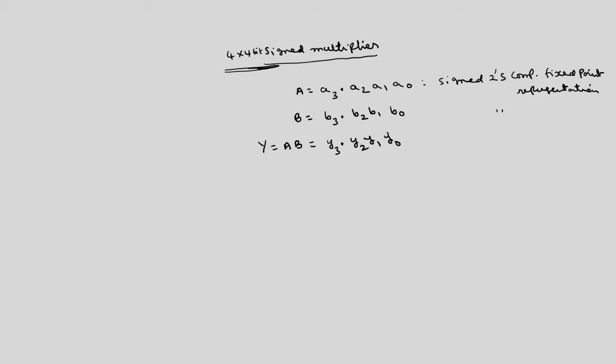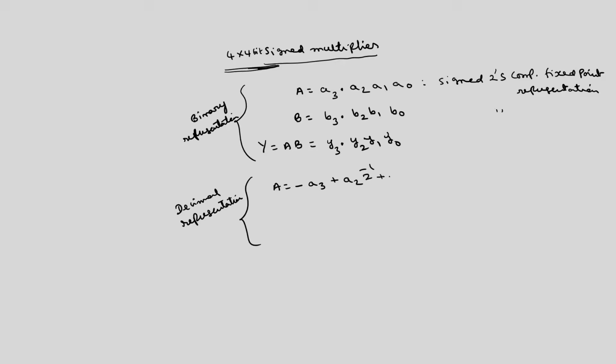So, how to perform this multiplication? In order to perform this multiplication, if I write this in the decimal form, this is the binary representation. If I take it in decimal form, so A is minus A3, this we have already discussed, plus A2 2 raised to the power of minus 1 plus A1 2 raised to the power of minus 2 plus A0 2 raised to the power of minus 3.